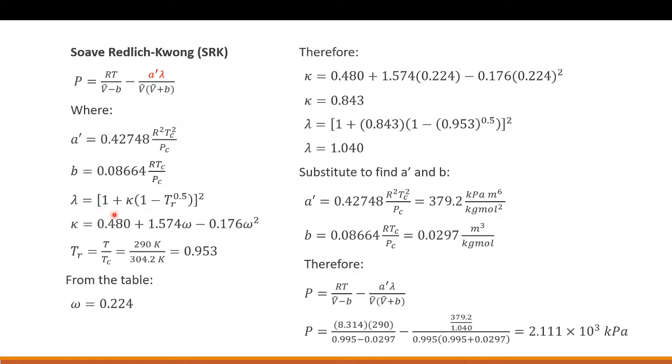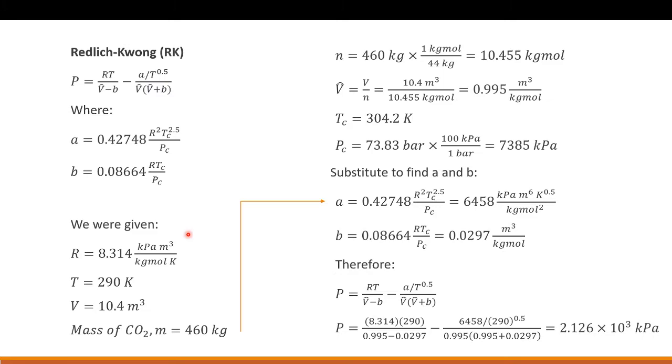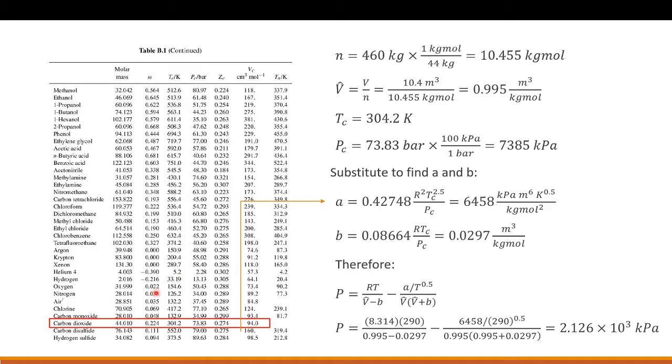Lambda is given by this equation, and we have a k here that we can calculate using this formula. Now notice we have an omega here. So how do we get omega? We can get this from the table as well.